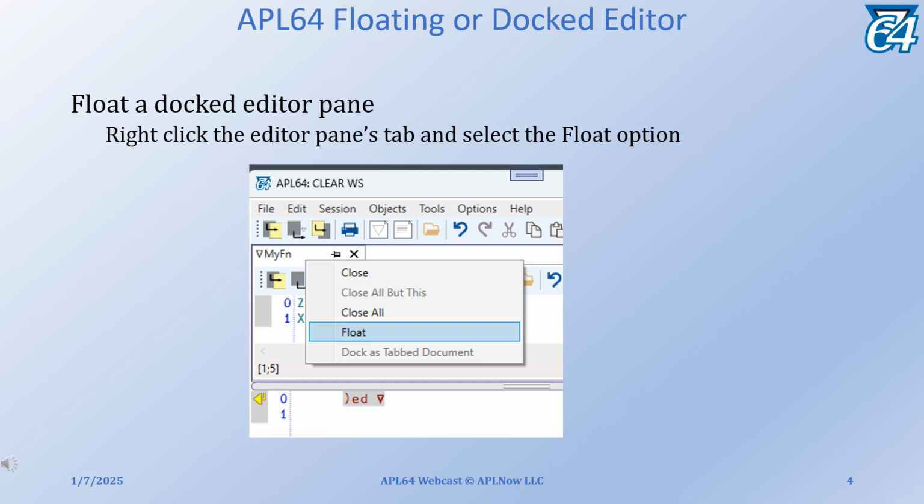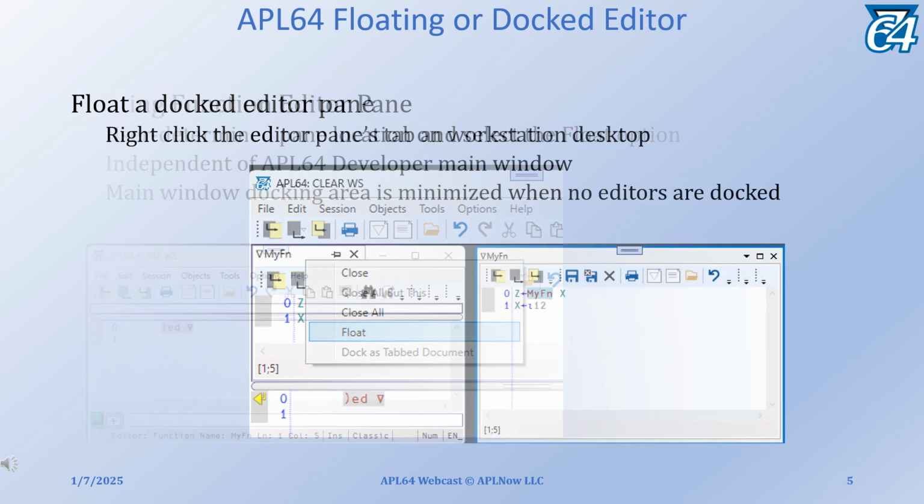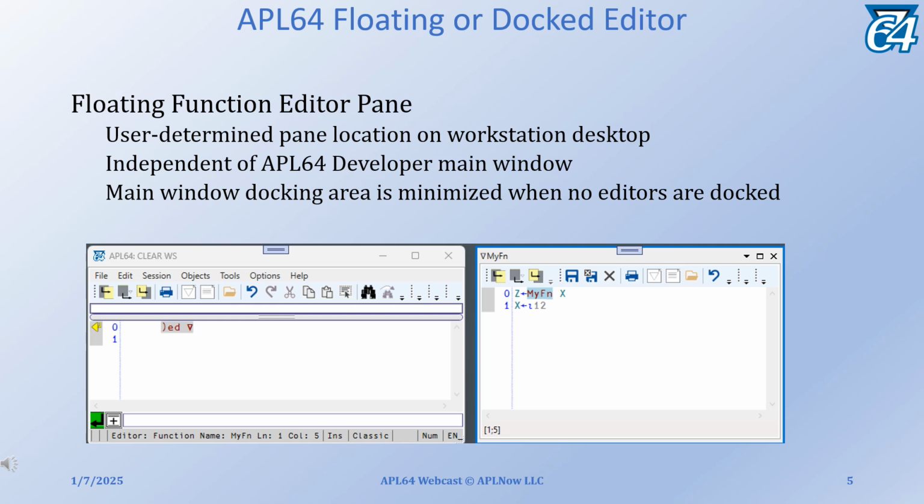To float a docked editor pane, right-mouse click the Editor pane's name tab and select the Float option. The Objects menu provides options to set the size and location of the floated editor pane. The location of a floating editor pane is determined by the user of the APL64 developer version instance.